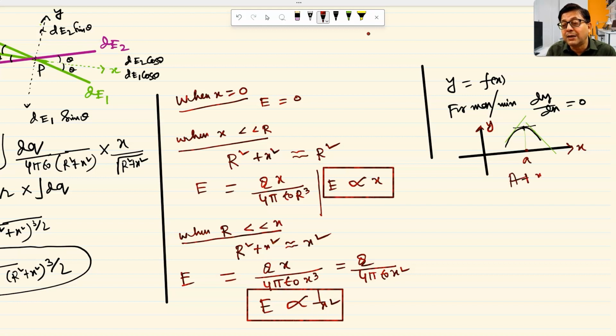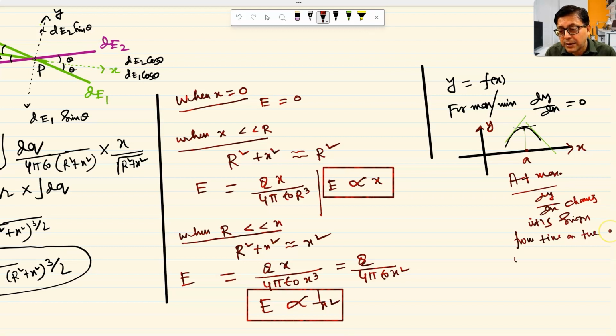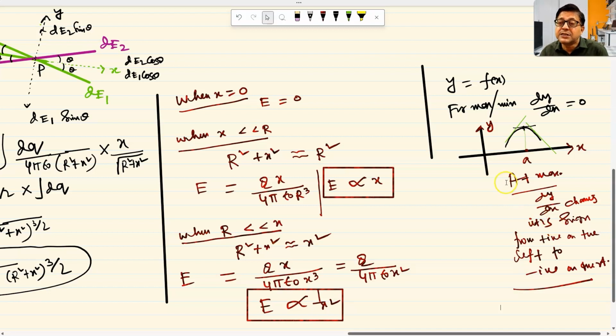At maxima, dy by dx changes its sign from positive on the left to negative on the right.